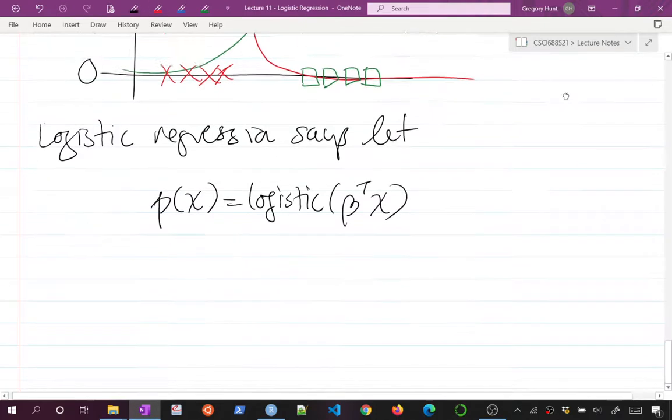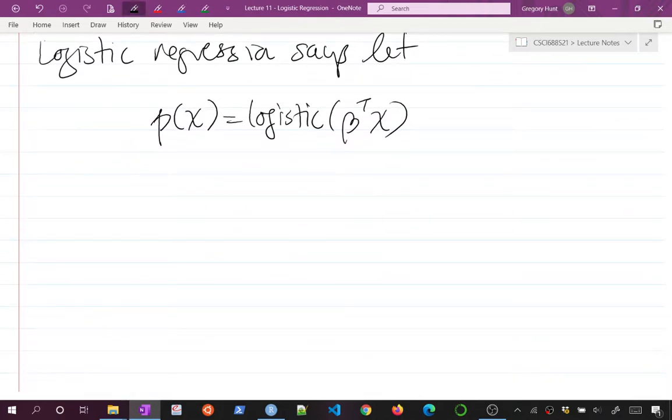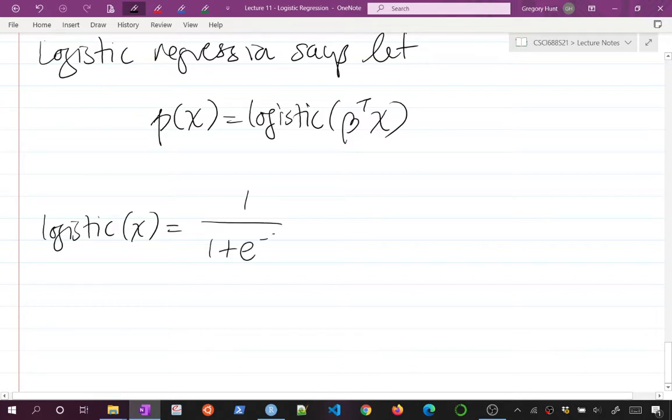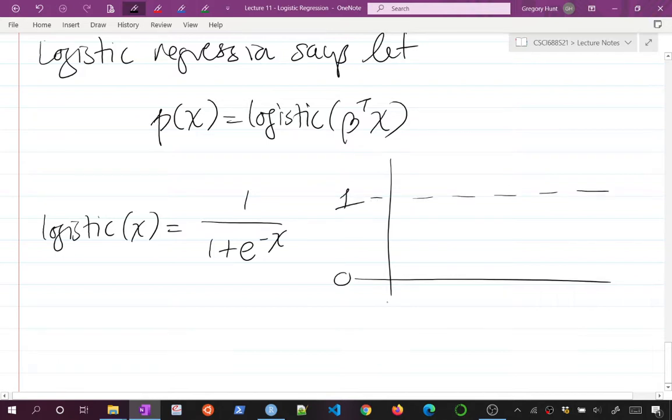So the aside here is that the logistic function is basically a sigmoidal shape. Logistic of x is 1 over 1 plus e to the negative x. And what that looks like is, if I draw my stuff here, here is 0, here is my 1, and here is 0 on the x-axis.